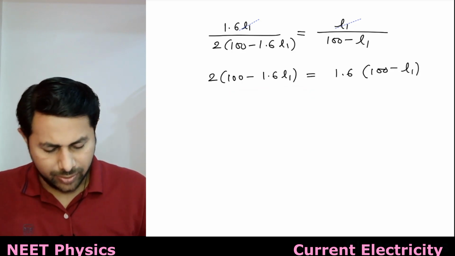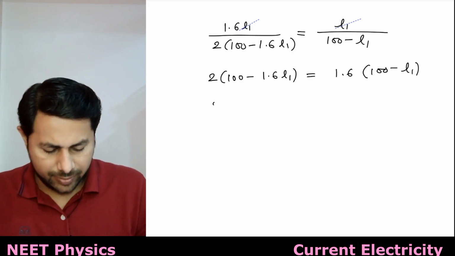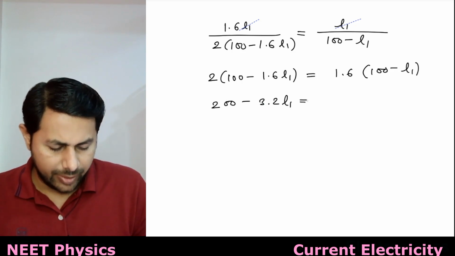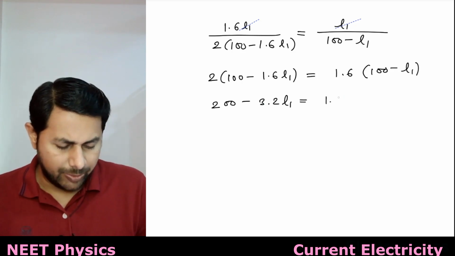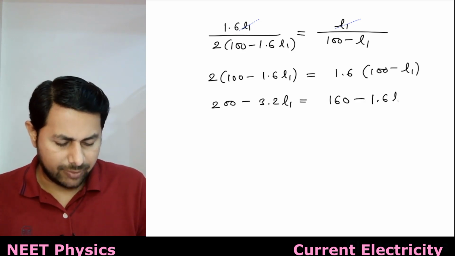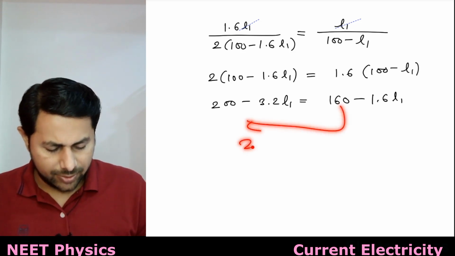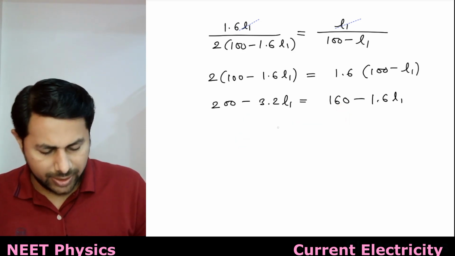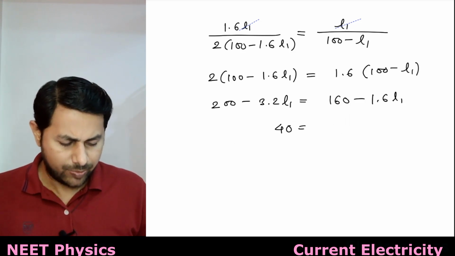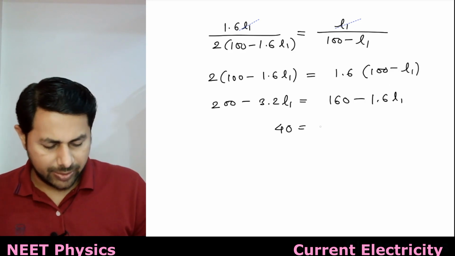So let's multiply again by 10. 200 minus 3.2 L1 is equal to 1.6 times 100, which means 160 minus 1.6 L1. Then move this 160 to this side, so 200 minus 160 is 40. 40 is equal to 3.2 L1 minus 1.6 L1, which is 1.6 L1.